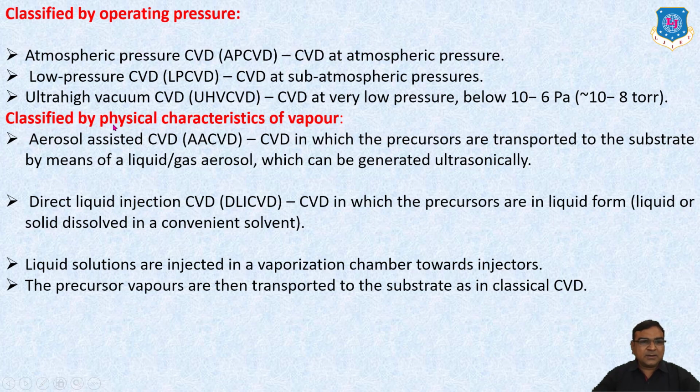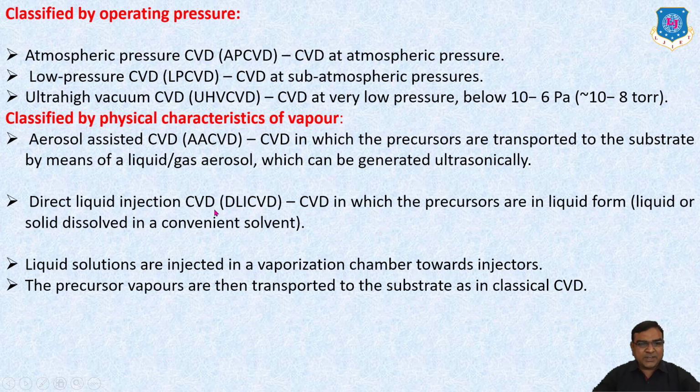Classified by physical characteristics of vapor. Aerosol assisted CVD, AACVD, is CVD in which the precursors are transported to the substrate by means of a liquid gas aerosol, which can be generated ultrasonically.